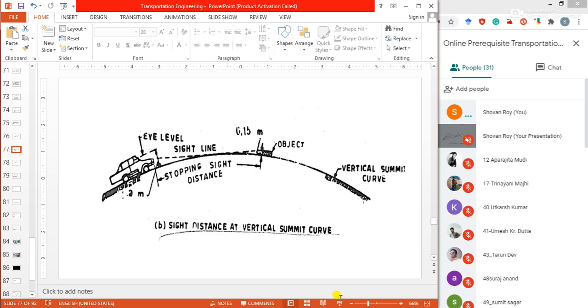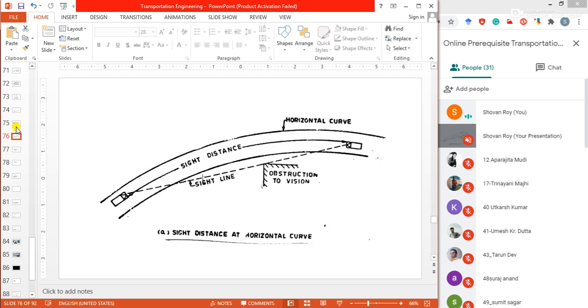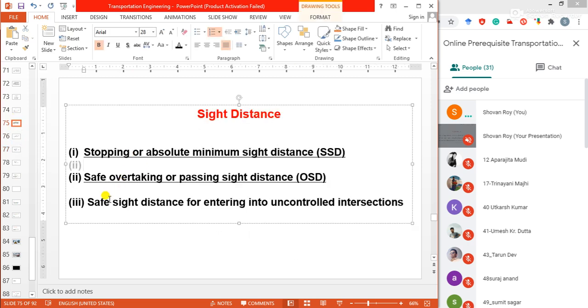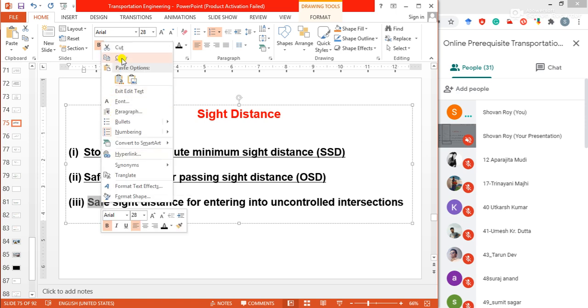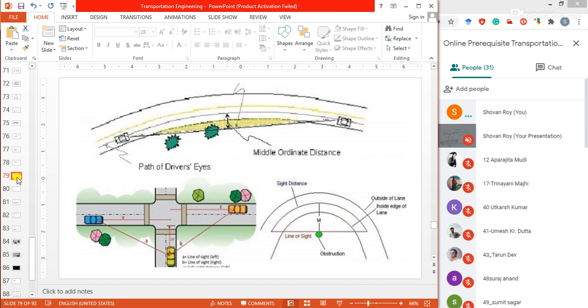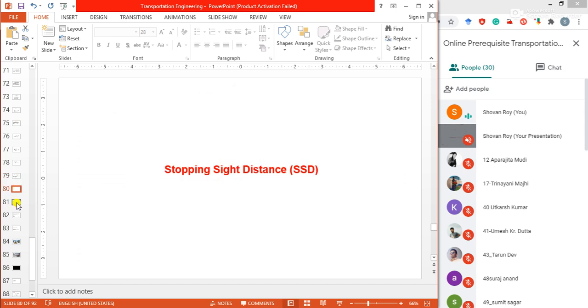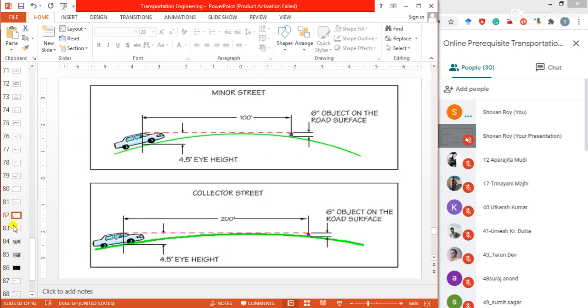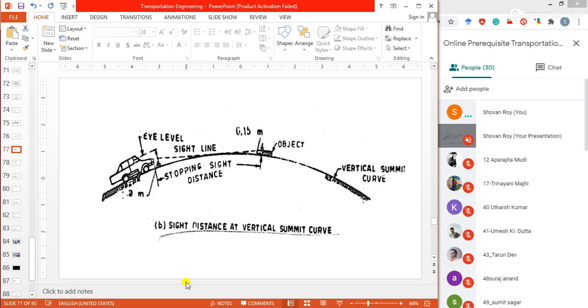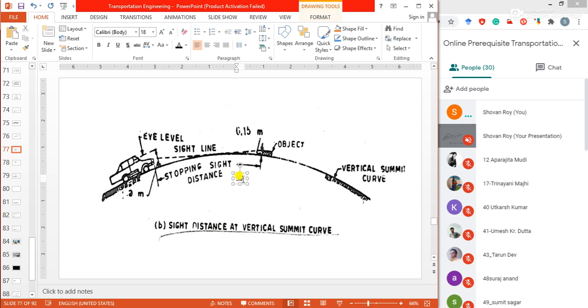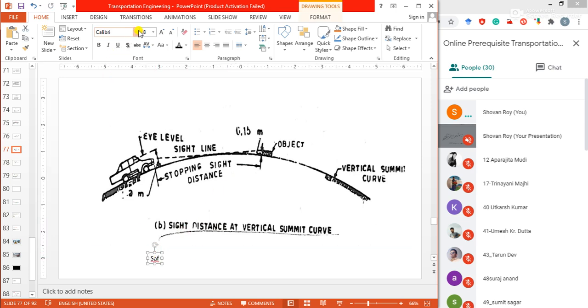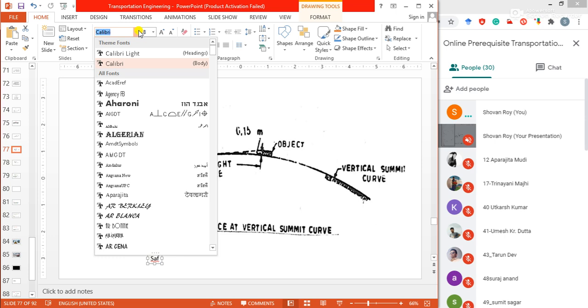For the purpose of measuring the stopping sight distance or visibility ahead, IRC has suggested the height of the eye level of the driver as 1.2 meter.